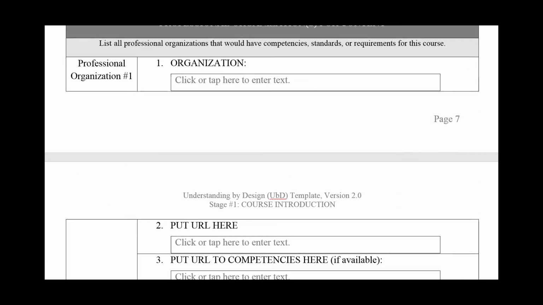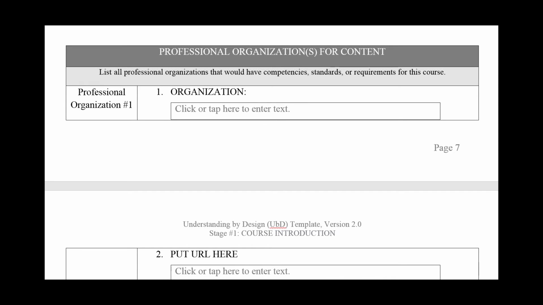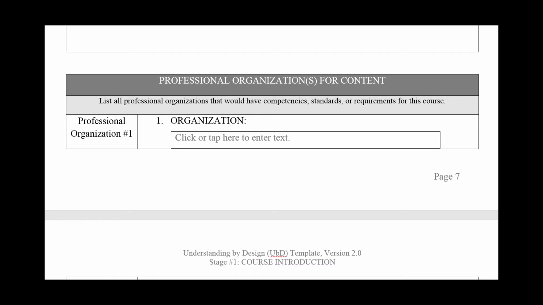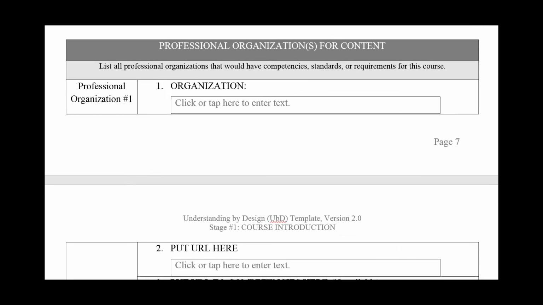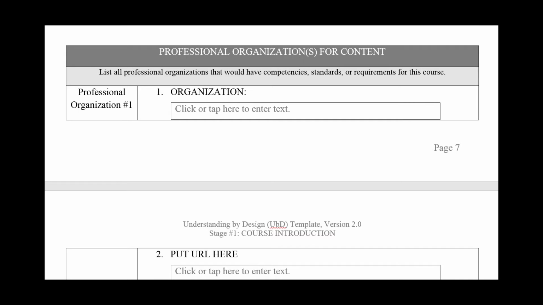So then there's our professional organizations for our standards. So this is, what are we doing this for, right? Because when your students are leaving the course eventually, or the college, or wherever you're teaching this, when they go out into the real world, they should be using this for likely an organization, or maybe there's some related organization that governs the type of thing that they're doing.